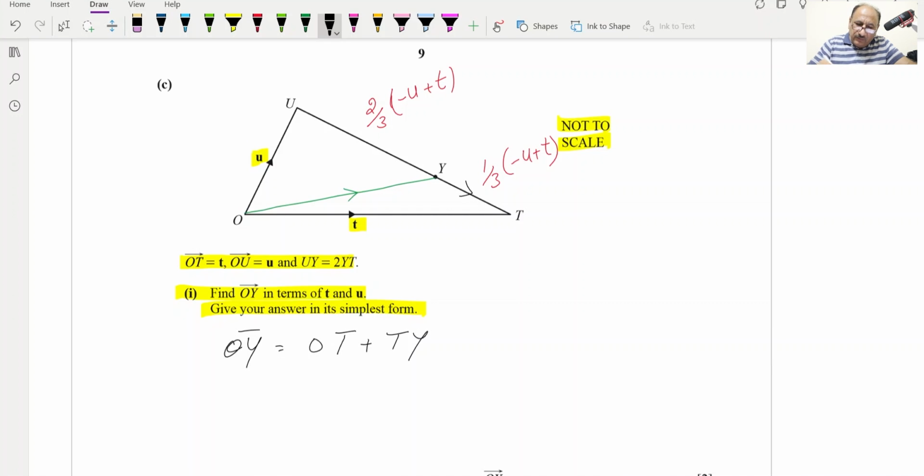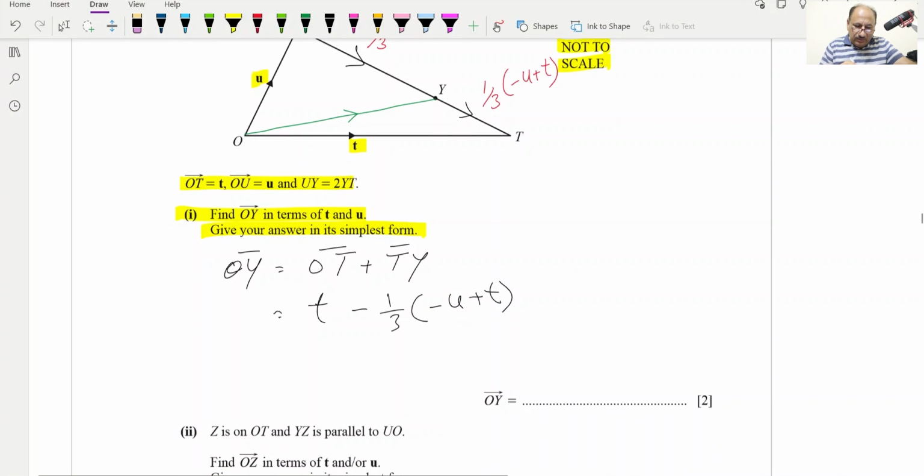We have taken this direction earlier, but now we are taking this route and this route. So OT will be t, and TY will be minus 1 by 3 into minus u plus t, and I'm erasing the extra arrows which I have drawn for your explanation.